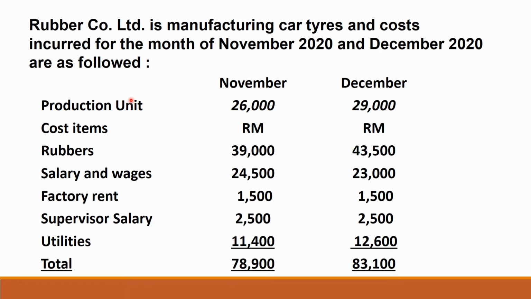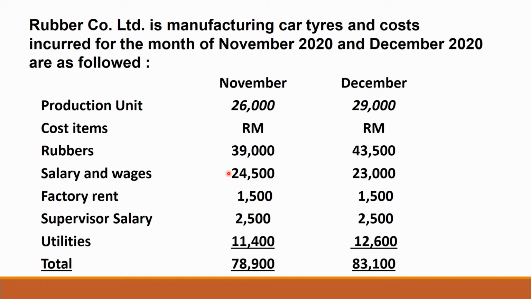So, Rubber Company Limited is manufacturing car tires and costs incurred for the months of November 2020 and December 2020 are as follows. This is the units produced for November, 26,000, and this one for December, 29,000. And these are the cost items: rubbers, salaries, factory rent, supervisor salaries, and utilities.